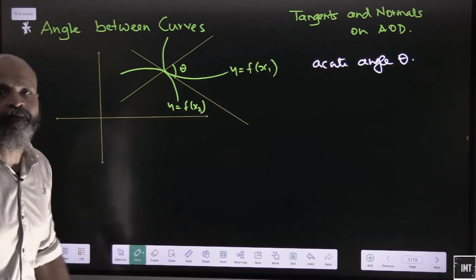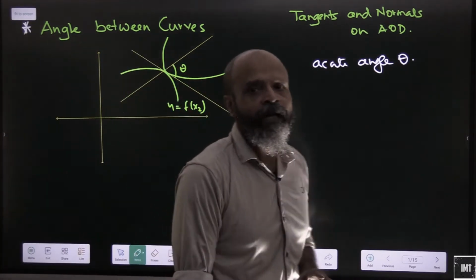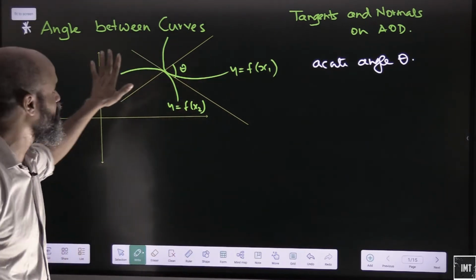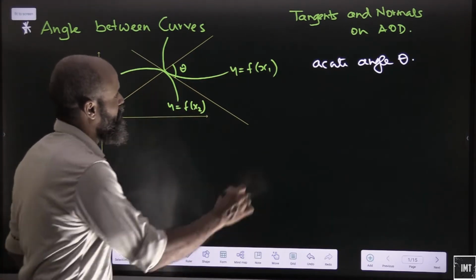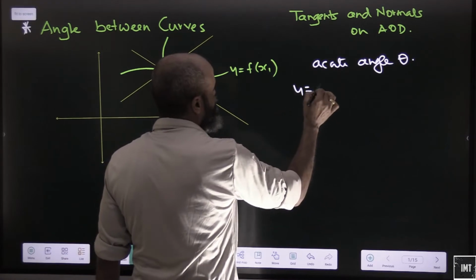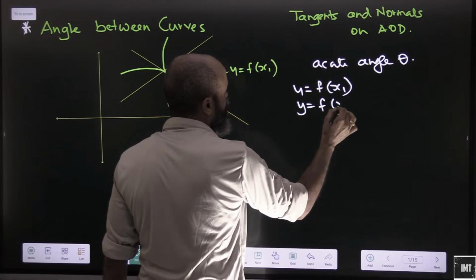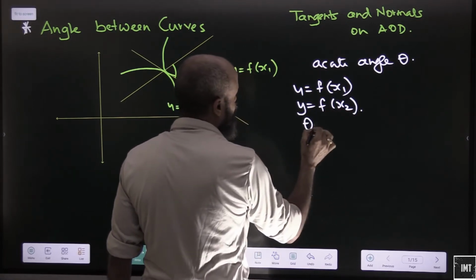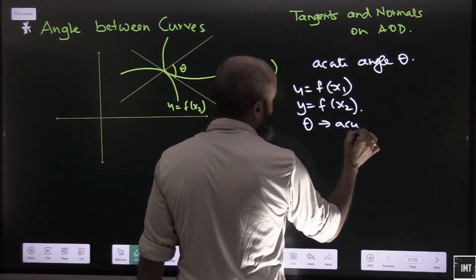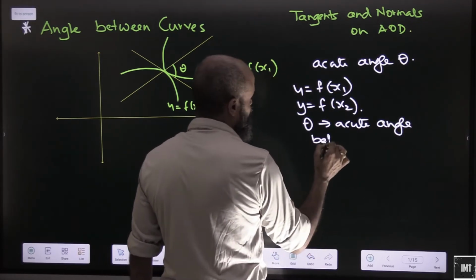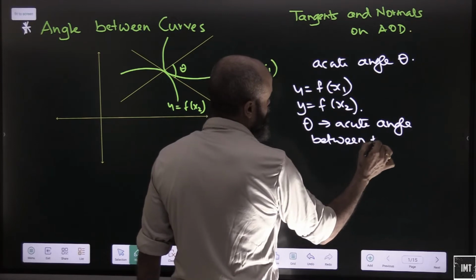So let's say there are two curves, one represented by y is equal to f1(x) and the other by y is equal to f2(x). We are talking about the angle theta, which is the acute angle between the curves.